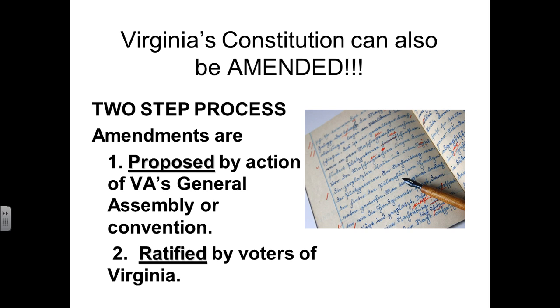They vote on it, and it has to be 2/3 of a vote. And then if it passes the General Assembly by a 2/3 vote, they put it on the ballot. And when people of Virginia go to vote, they vote directly on whether or not they think that amendment should be added to the Virginia Constitution. So it's ratified or approved by the voters when we go to the polls.